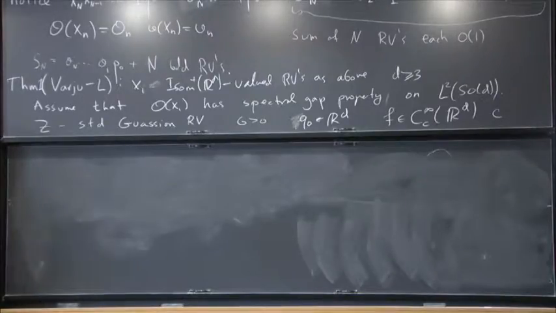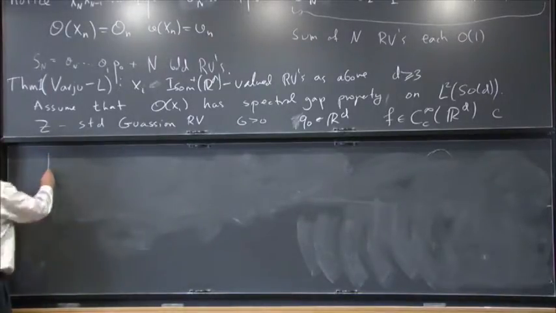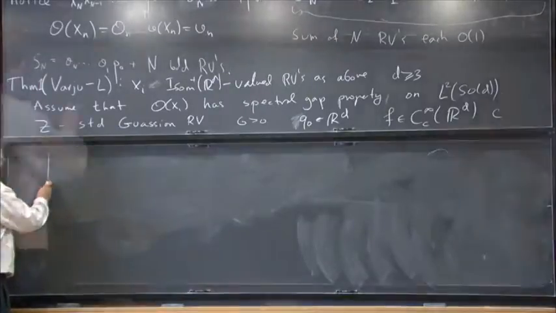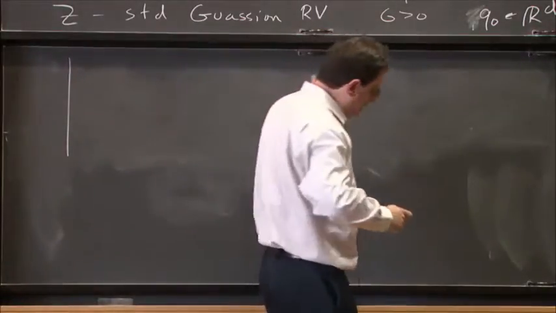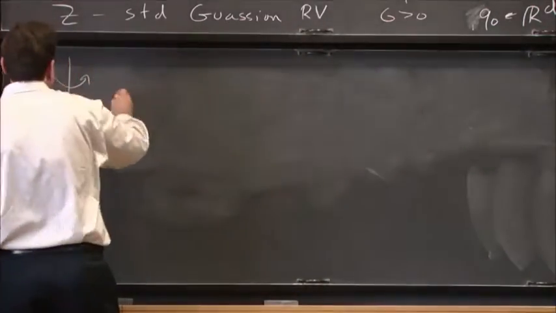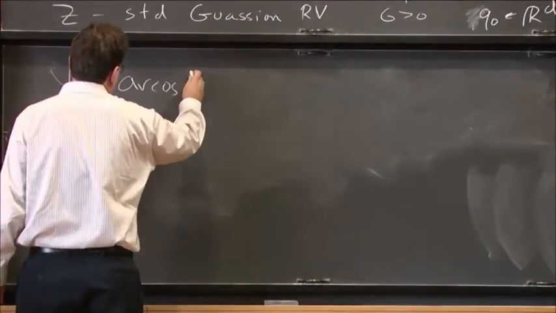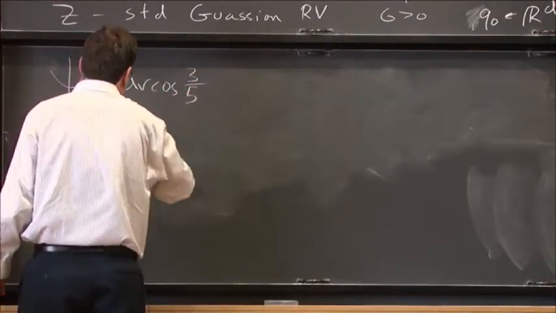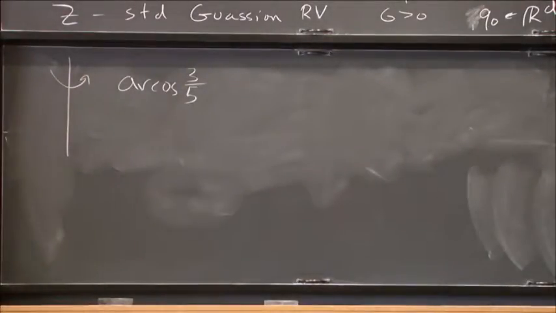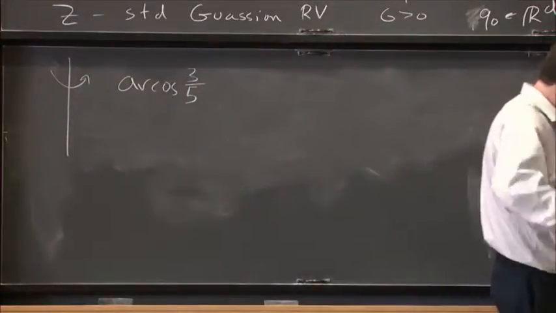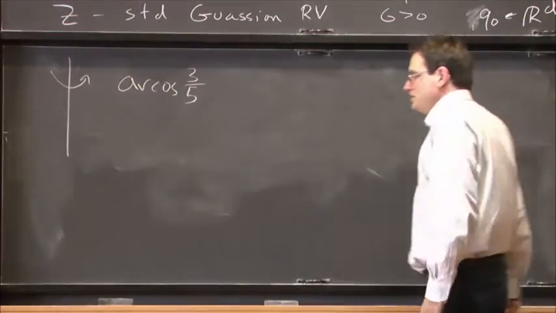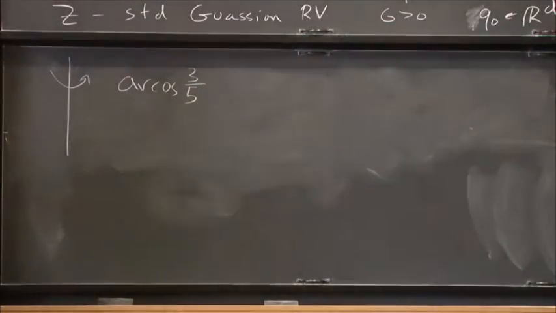If you take the x, y, and z axes, and you rotate around them by something like arc cosine 3/5, or maybe it's arc cosine 4/5, one of the two. You rotate by this particular angle, either clockwise or counterclockwise, around each one of the coordinate axes. This gives you three rotations and their inverses. Then you get a spectral gap.